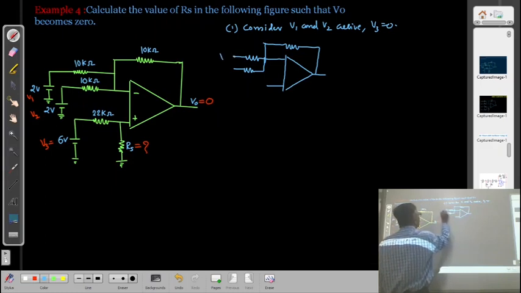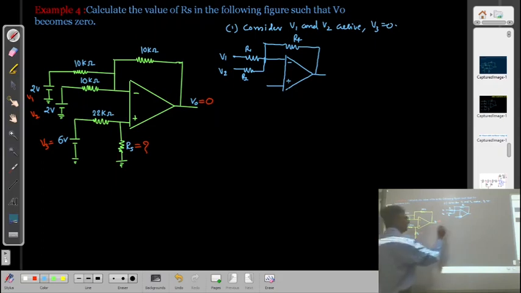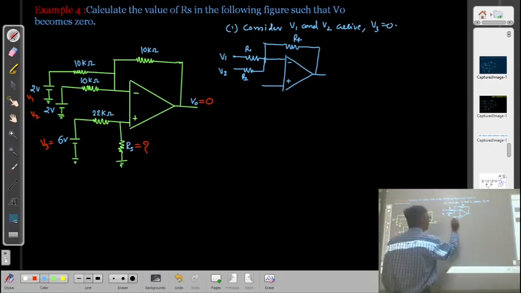That is, this is V1, V2, we can say R1, R2 and Rf. And what about this? It is connected to the ground, means these two resistors are connected to the ground, that is the Rs, and 22 kilo ohm is there.